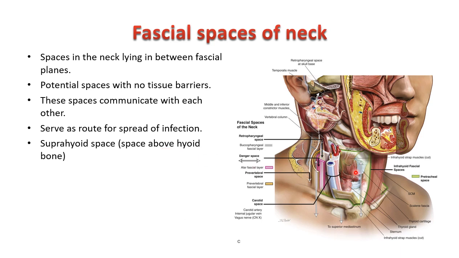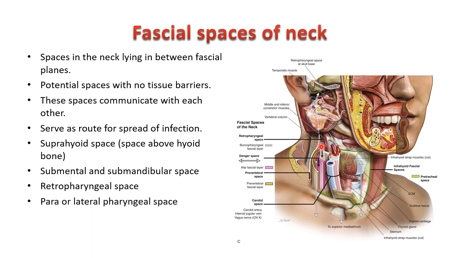So coming to these spaces above the hyoid bone, mainly we have the submental and submandibular spaces. So below the symphysis menti and the submandibular gland, we have the submental and submandibular spaces. Then behind the pharynx, what we have is the retropharyngeal space, and then that is continuous laterally with the parapharyngeal space, and then the prevertebral space.